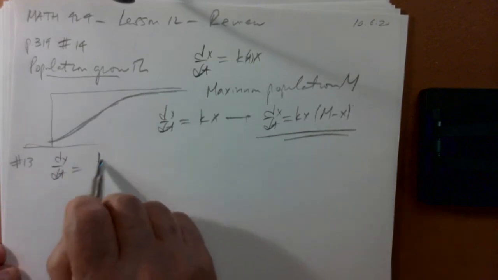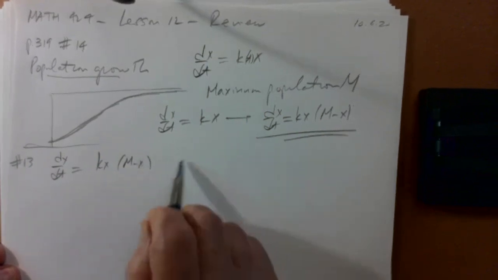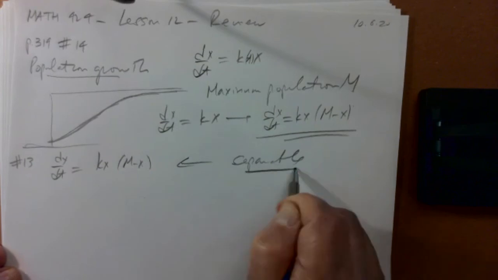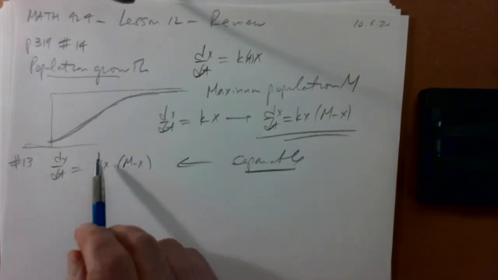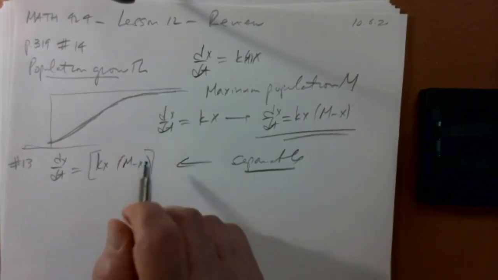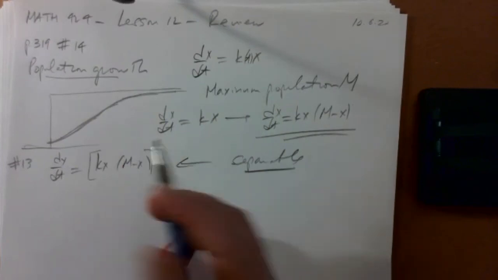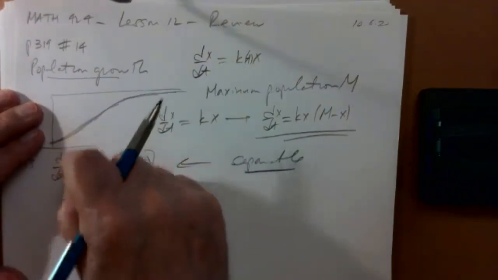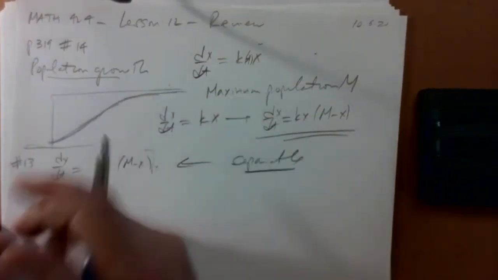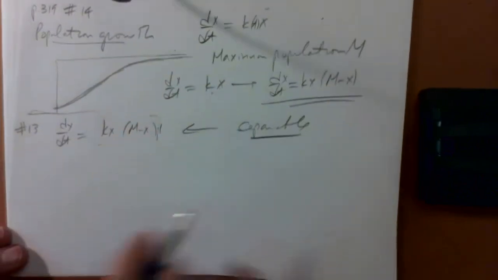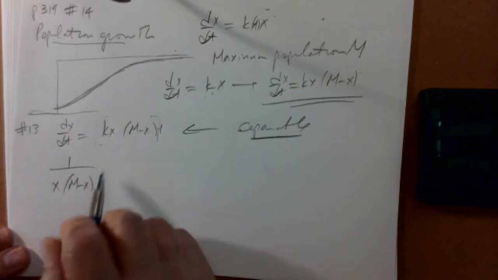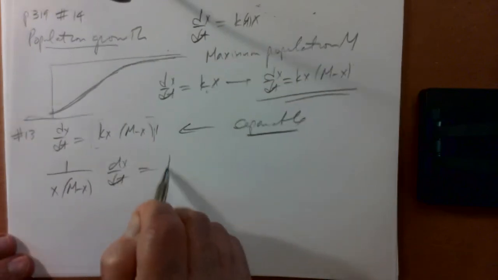So dx/dt is kx times m minus x. And what kind of equation is this? This is separable because on the right-hand side you have a function of x and a function of t. The function of t is just 1. So if we separate this, we would get 1 over x times m minus x, dx/dt, equals k.